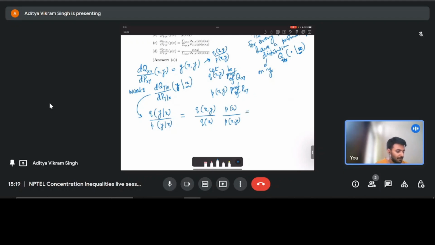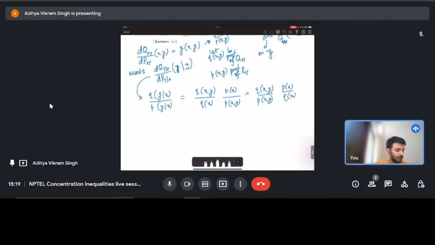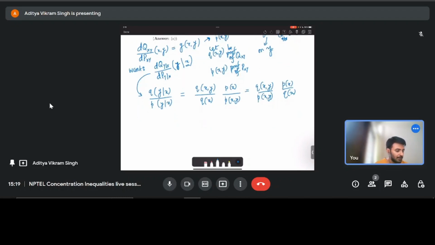So what we have is q(x, y) by p(x, y) times p(x) by q(x). We know what q(x, y) by p(x, y) is. It's just g(x, y). So this quantity is g(x, y). And now we want to see what p(x) by q(x) is.